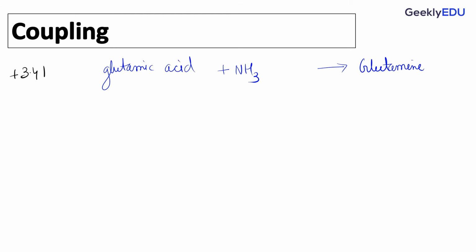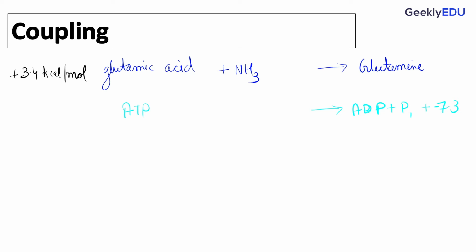Now what do I do? I use my ATP. So I am going to break ATP, and that is going to give me ADP plus phosphate plus how much? I hope you remember 7.3. I'm going to add a minus 7.3 so that you remember it's going to be a release.